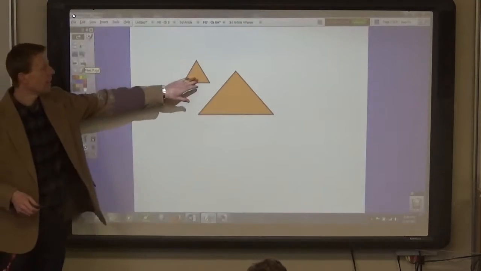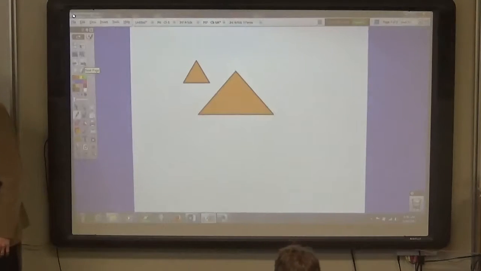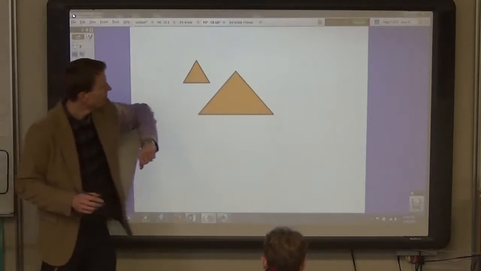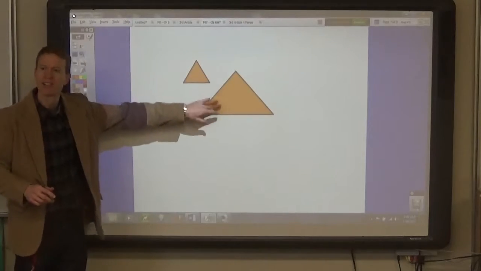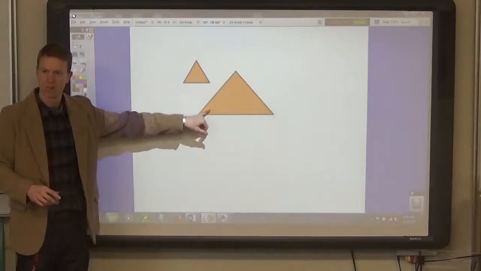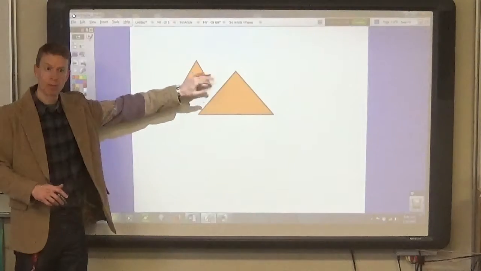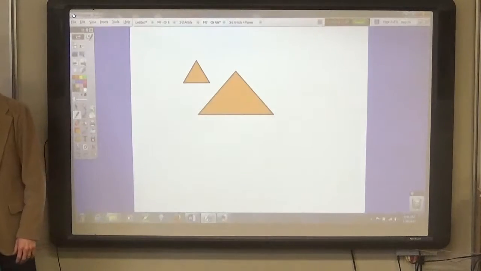So, let's say that we have two triangles that are similar, okay? Those are not similar. Yes they are. The bigger one is wider. Yes, but it'll tell you that these two figures are similar, so you know that the sides correspond, okay?